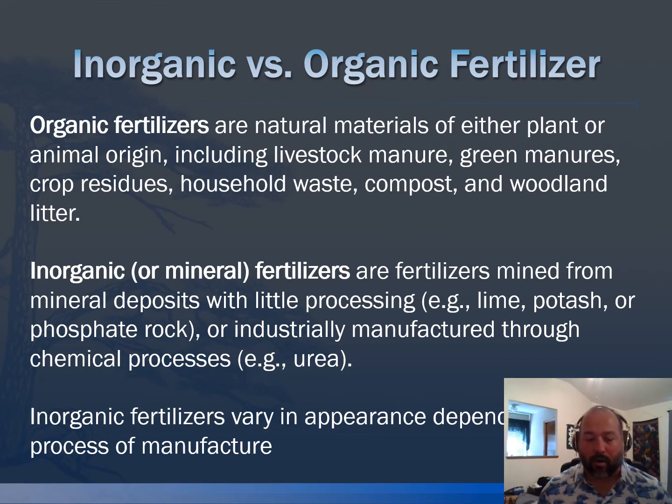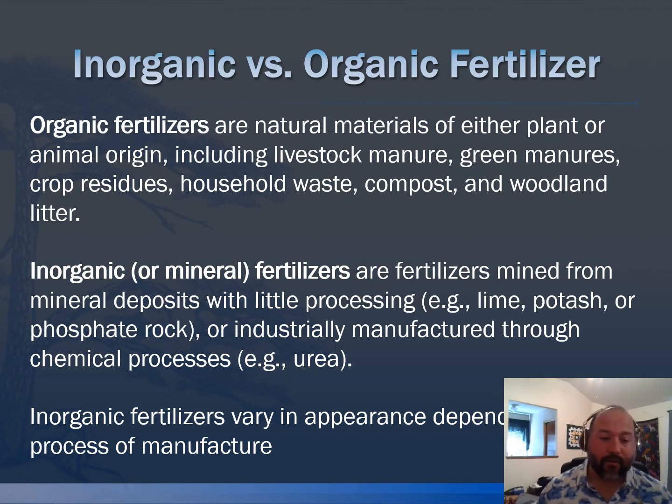Inorganic or mineral fertilizers are mined from mineral deposits, hopefully with little processing, like lime, potash, and phosphate rock, or industrially manufactured materials made through chemical processes, like urea, which would be one good example.